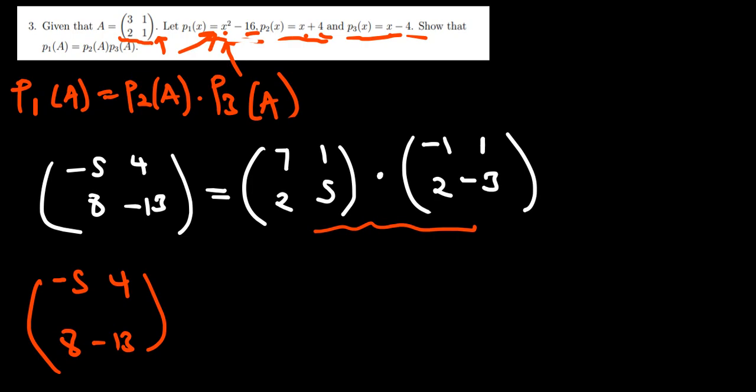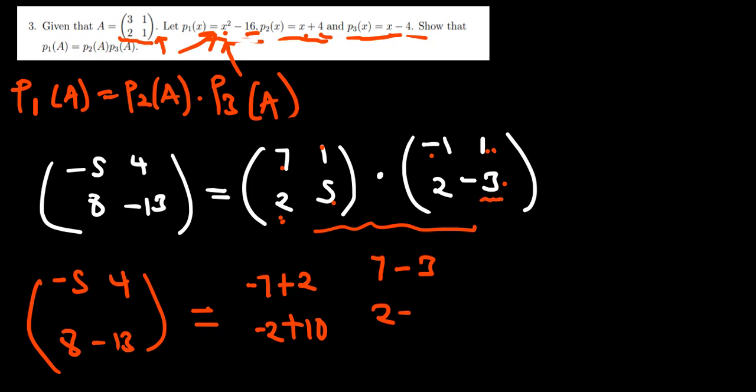Now let's multiply the other side. 7 multiplied by minus 1 gives minus 7, plus 1 multiplied by 2 gives 2. 7 multiplied by 1 gives 7, and 1 multiplied by minus 3 gives minus 3. 2 multiplied by minus 1 gives minus 2, and 5 multiplied by 2 gives plus 10. 2 multiplied by 1 gives 2, and 5 multiplied by minus 3 gives minus 15.